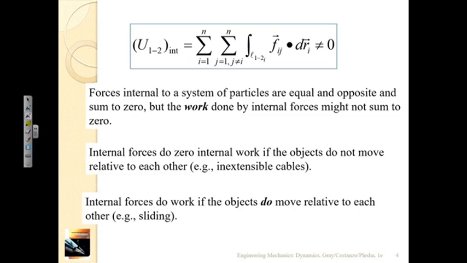On block A here, I've got negative FAB in the i direction. It's pointing in the opposite direction. That's going to be dotted with the displacement of A, XA in the i direction.